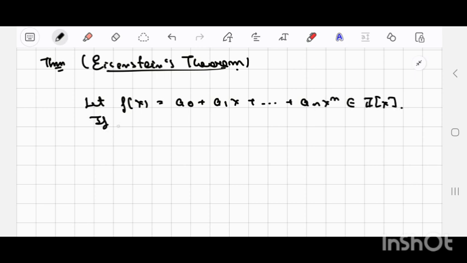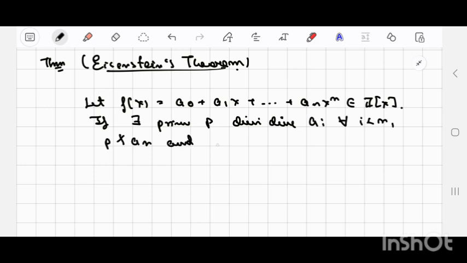If there exists a prime p dividing ai for all i less than n, p does not divide an, and p squared does not divide a0, then f(x) is irreducible in Q[x].